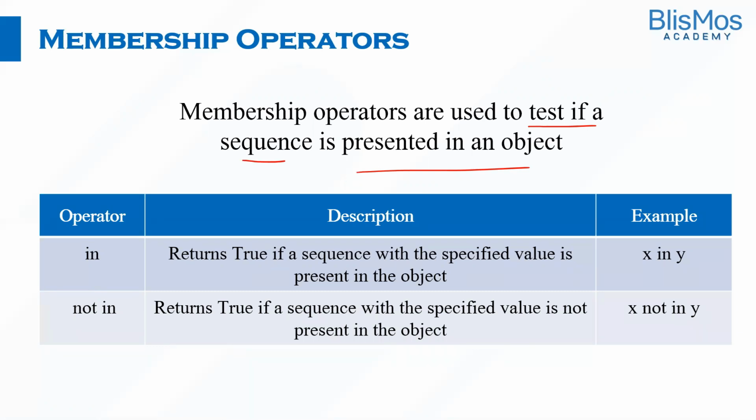For example, assuming that y is some string, you want to check whether x is present in that string or not. In that case, we can use the membership operators. In returns true if a sequence with a specified value is present in the object. Not in returns true if a sequence with the specified value is not present in the object. It is just the opposite of in.